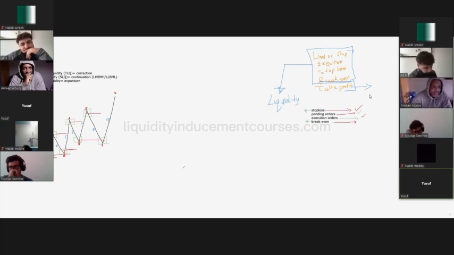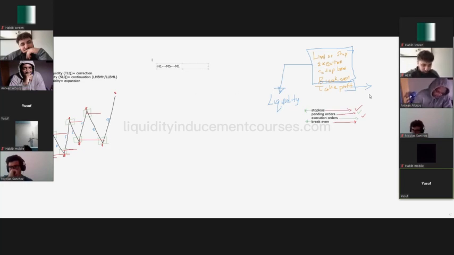So I looked at the market, and my 1 hour structure, for example. 3 time frames are important in your trading: H1, then you move to M5, then you move to M1. 3 time frames.